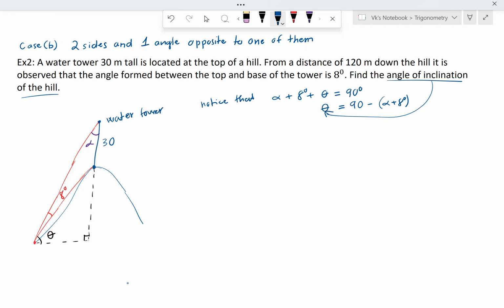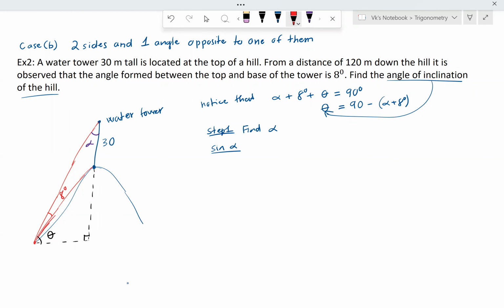To do this problem, first thing is let's figure out the angle alpha. Step 1, find alpha. Sine of alpha over, we know the distance right here.